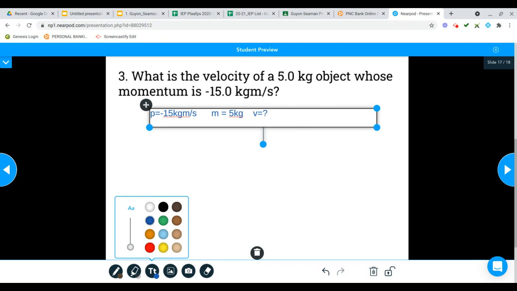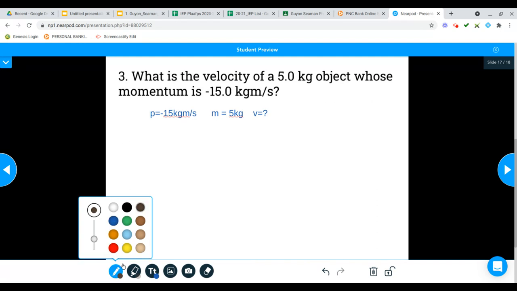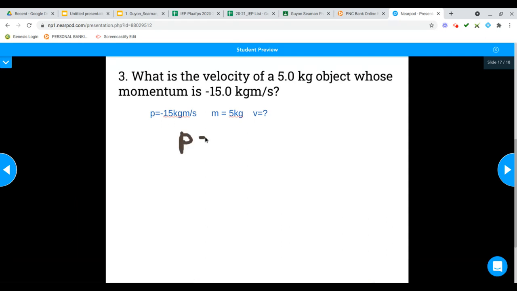Okay, so we're going to do this the same way that we did the other problems, only now we're going to have a different letter that is missing. So let me get my formula in here. Okay. So P equals M times V again.